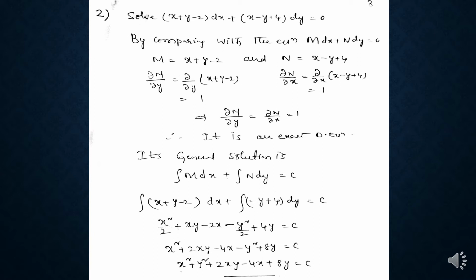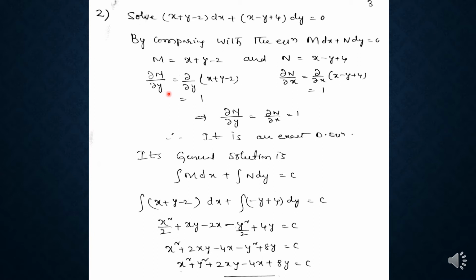Now find the partial derivative of M with respect to y, that is ∂M/∂y. So that is ∂/∂y of (x + y - 2). While differentiating with respect to y, treat x as a constant.